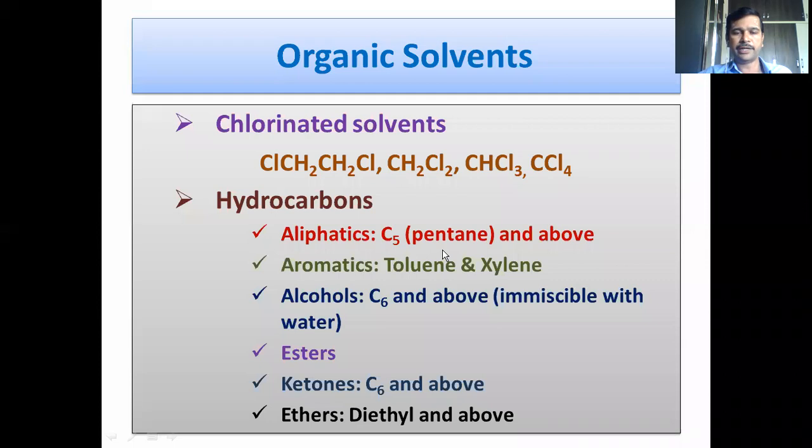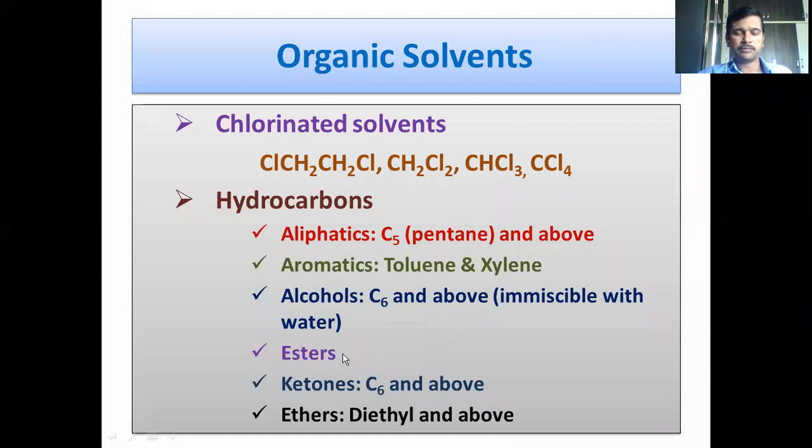Because of the miscibility. They are miscible with the aqueous solvent. If they are miscible, we cannot use them; if they are immiscible, we can use them. So any alcohols, n-hexanol and above, we can use because they are immiscible with water. They are able to form a distinct layer from water, they are separated, and hence the solubility of the analyte can be expected.